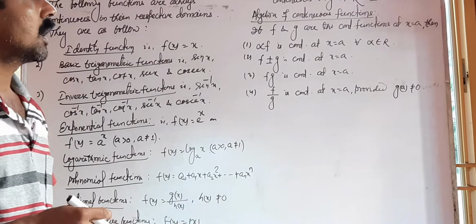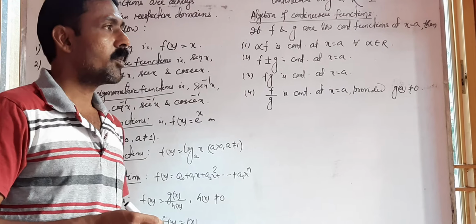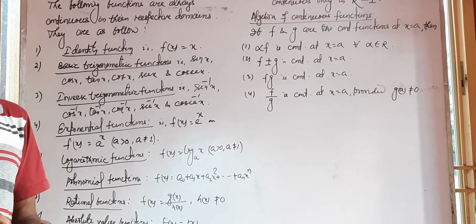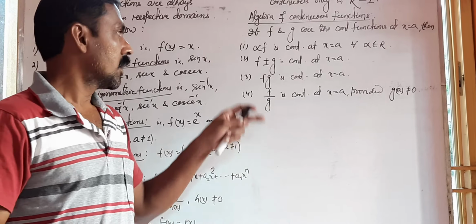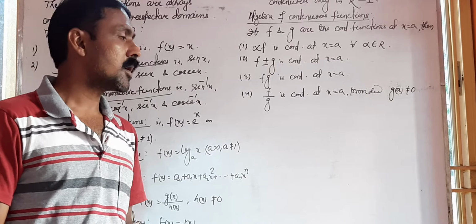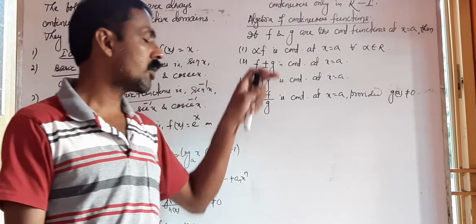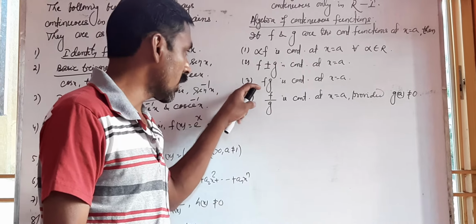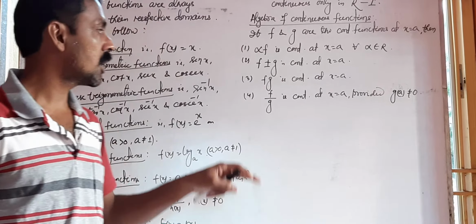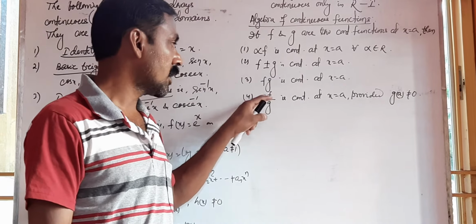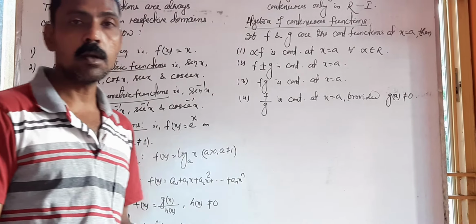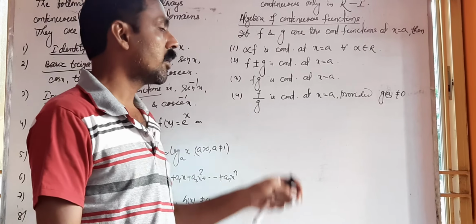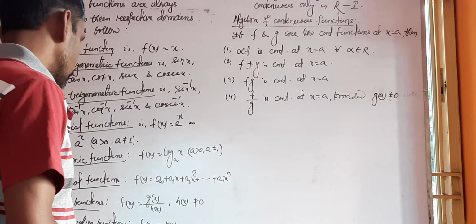So this is the algebra. It means if two functions are continuous, then the sum of two continuous functions is continuous, the difference of two continuous functions is continuous, the product of two continuous functions is continuous, and the division or quotient of two continuous functions is again continuous, provided the denominator should not be equal to 0.